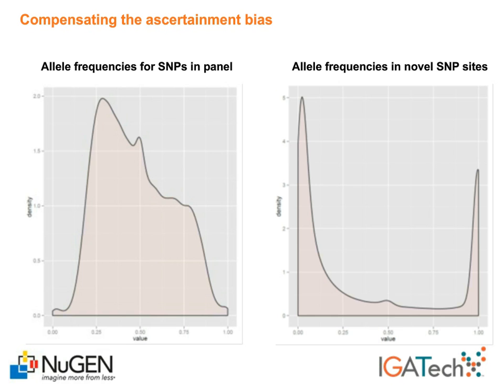As we can see in these two plots, the allele frequencies from the genotyping information coming from the panel SNPs basically recall the same profile as we chose in the panel. But if we look at the allele frequencies coming from the novel discovered SNP sites and also genotyped sites, we can see how we are sampling very rare alleles that would hardly be included in any array-based system.